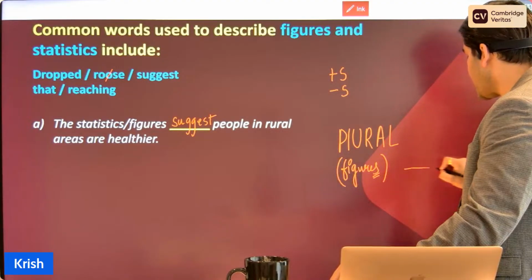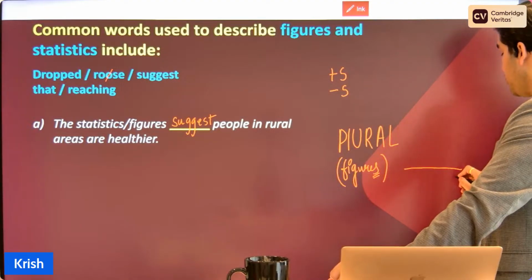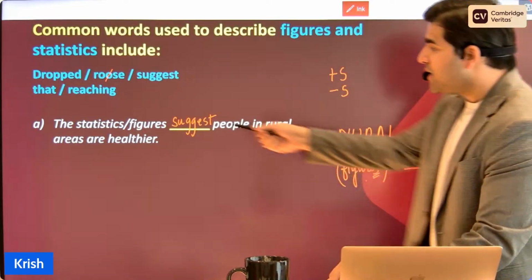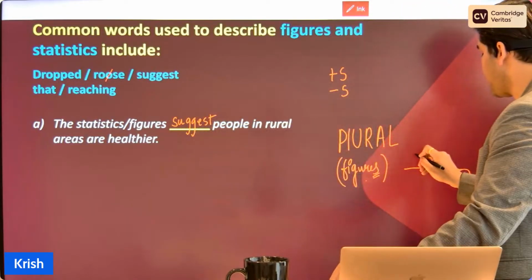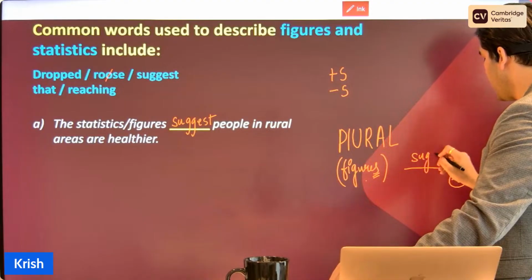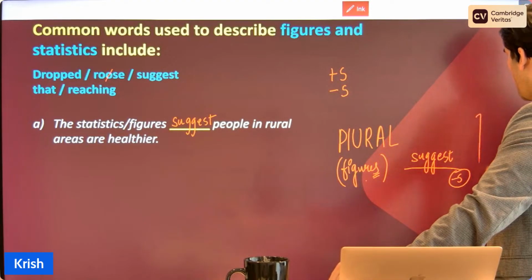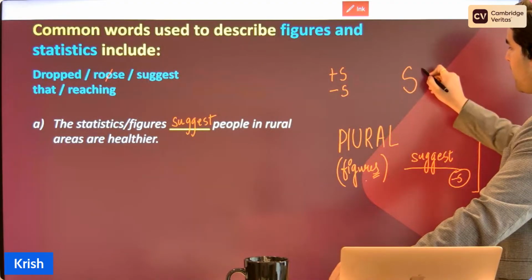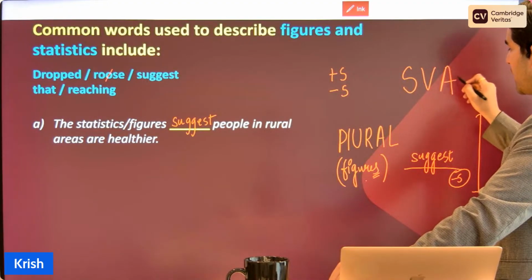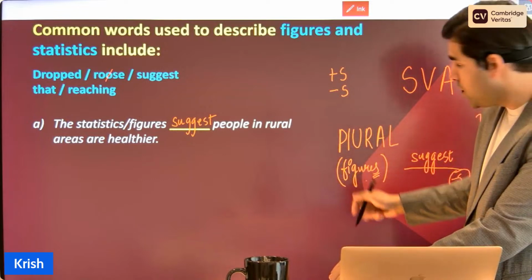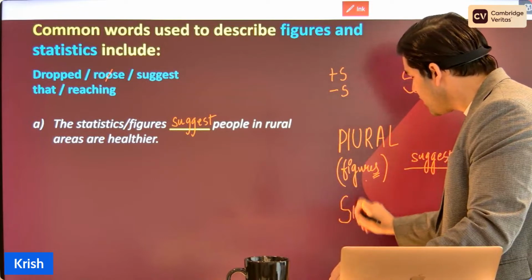That means with the next word that you will write, you will remove S. You will not use S. So figures suggest. Okay? One more time. Figures suggest. We call it subject verb agreement.